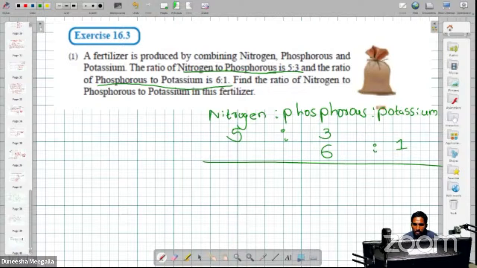If you know the least common multiple, send it to the chat box.